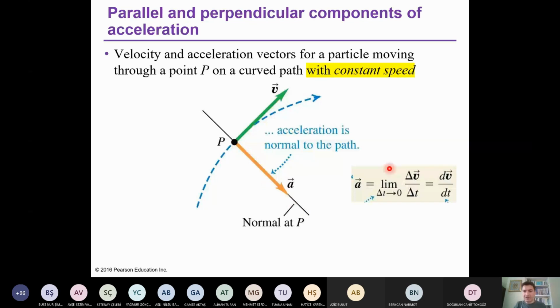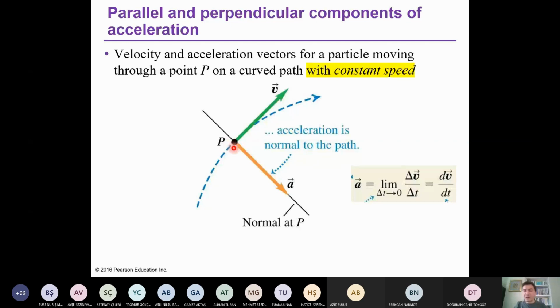First of all, you have to calculate delta V, the change in the velocity, by using vector subtraction, and then you find the direction of the delta V. Then the acceleration is along the delta V. With this constant speed, you can say that the velocity does not change. So why do we have acceleration?